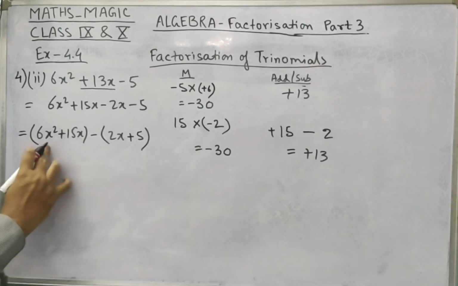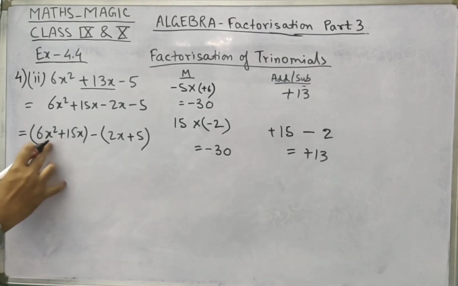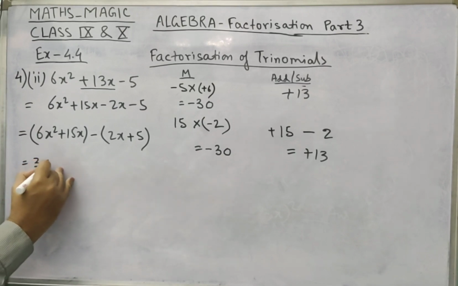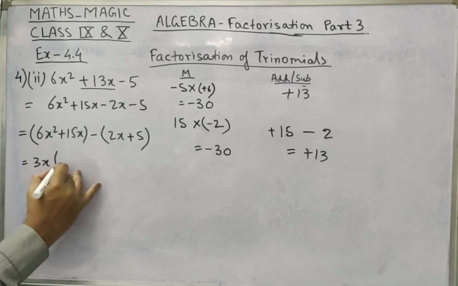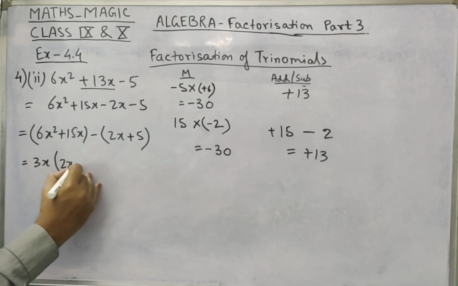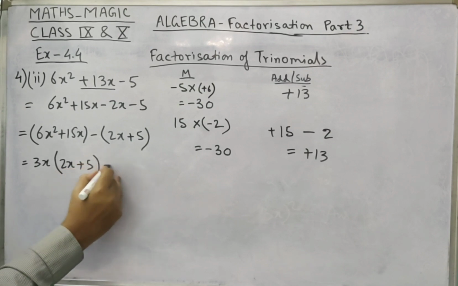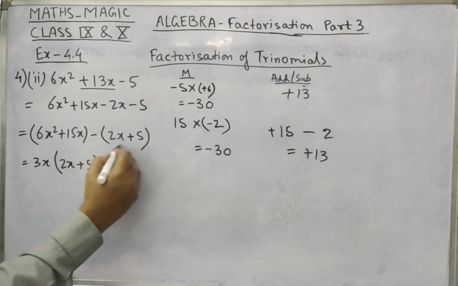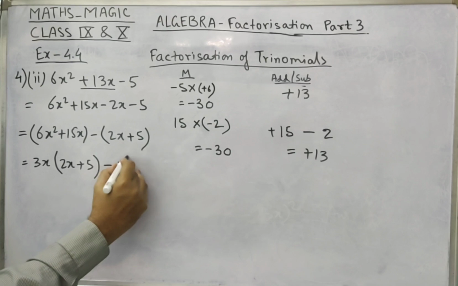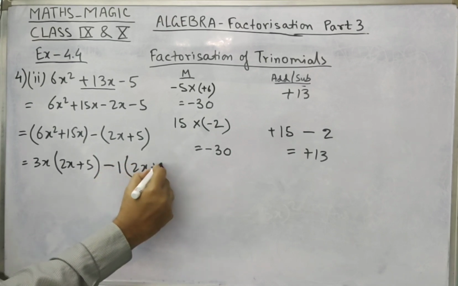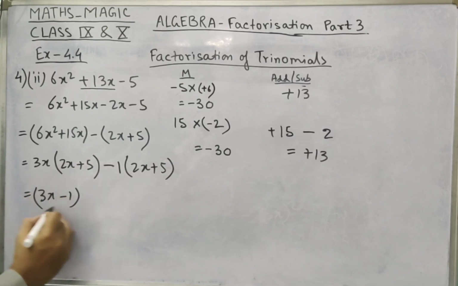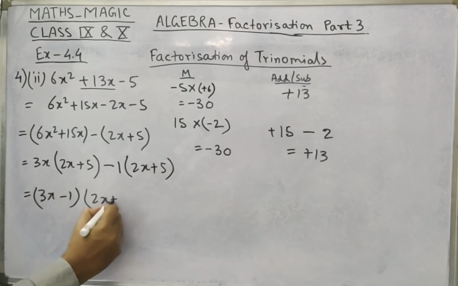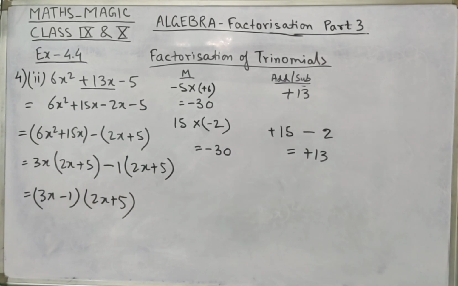So what is the common in between these two? 3x common. So 6x squared divided by 3x, I'll be left with 2x. This divided by this, I'll be left with plus 5. Minus, there's nothing common in between these two. I'll just put 1 outside. So 3x minus 1, 2x plus 5. This is the answer.